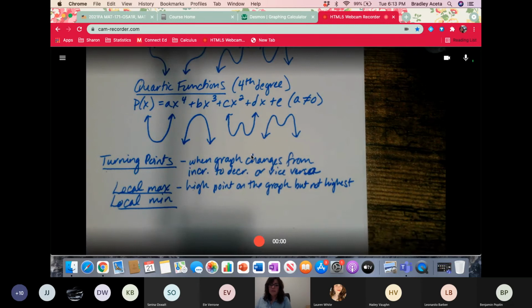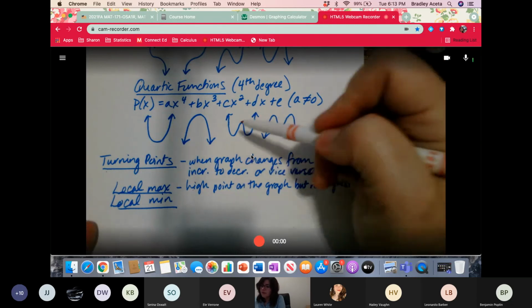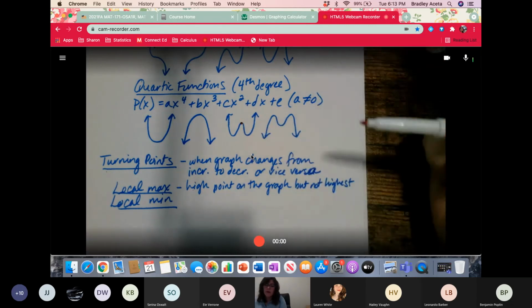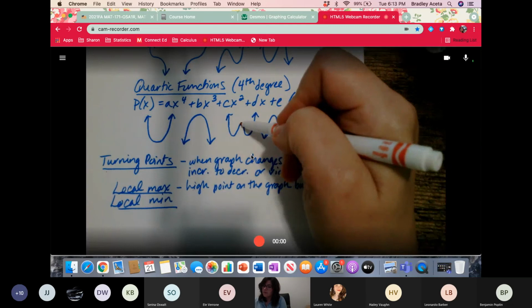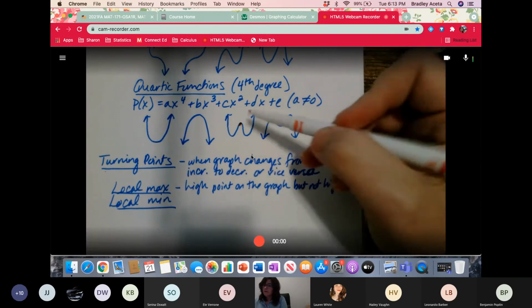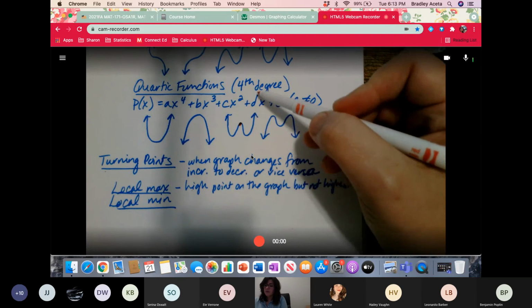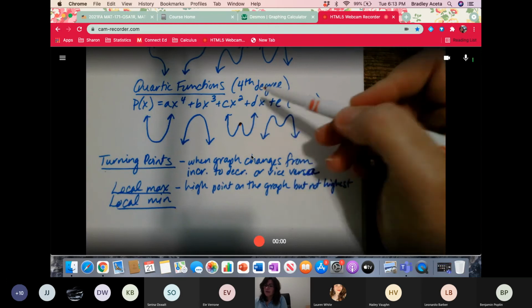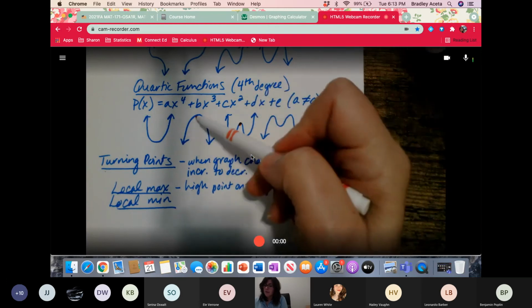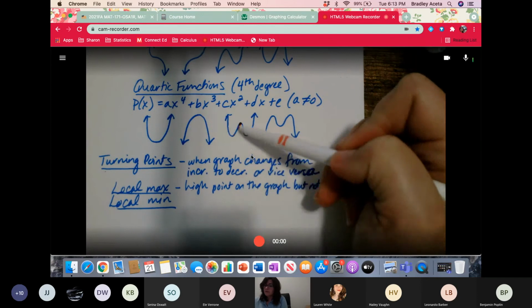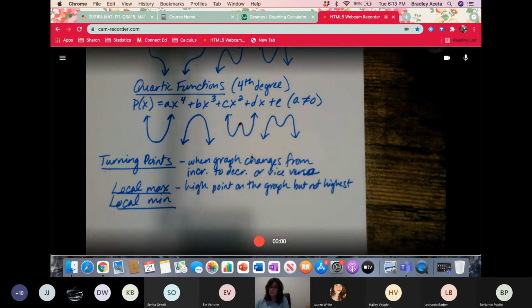Looking at my picture right here, this would be a local max on that W. It's a high point, but it's definitely not higher than this point right here, because I'm going off to infinity. This one is the max, but this one is a local max, if that makes sense to you.